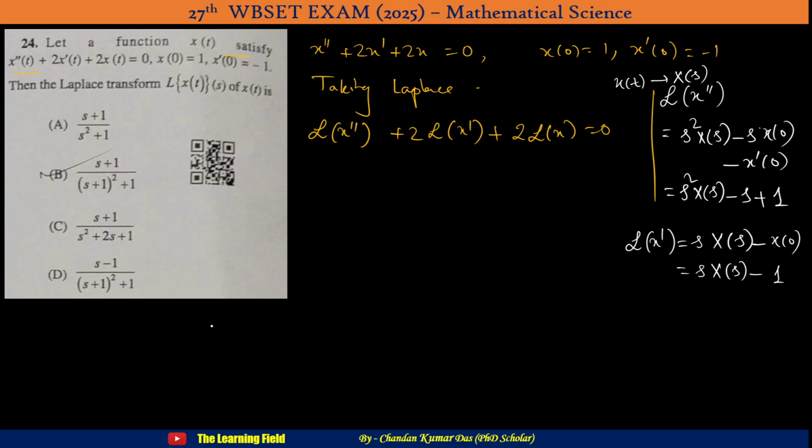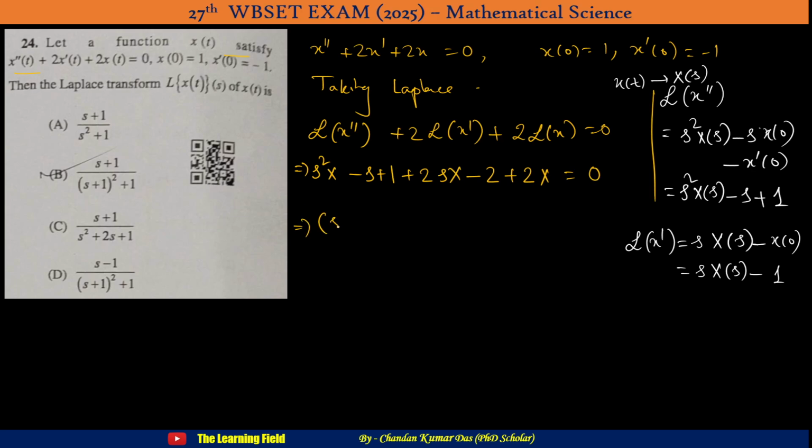So if we put these two things into this equation, we get s square X minus s plus 1 plus 2 s X minus 2 plus 2X equal to 0.